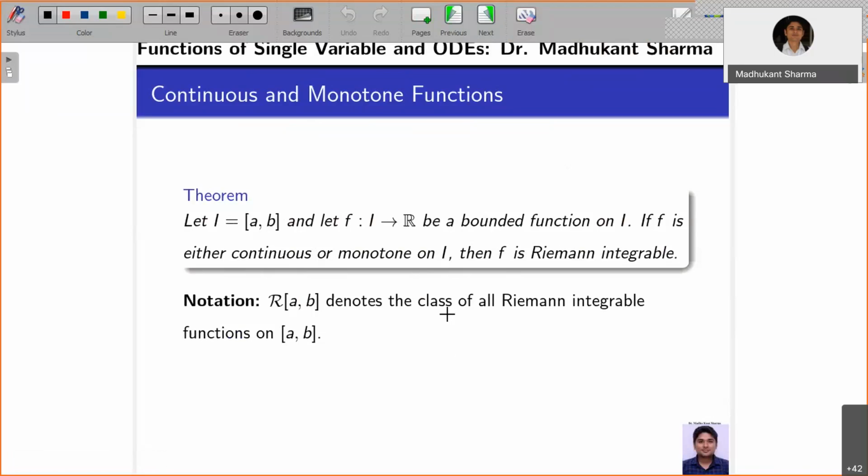You can prove it in a similar manner by breaking the interval. Suppose the function is not continuous at a point c somewhere between a and b.